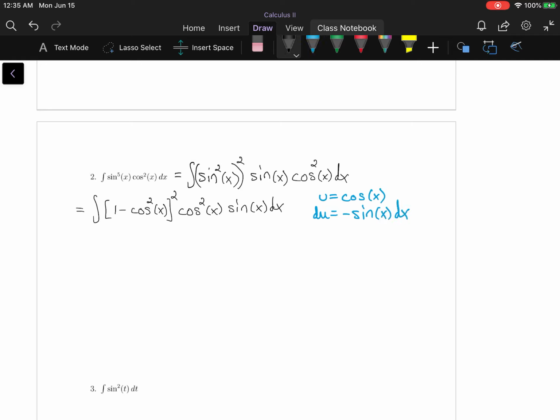And when I make this substitution, we have the integral of 1 minus u squared quantity squared. Cosine of x is u, so this cosine squared is u squared. Sine x dx is going to give us a negative du. From this point, I am going to expand and distribute the negative sign there.